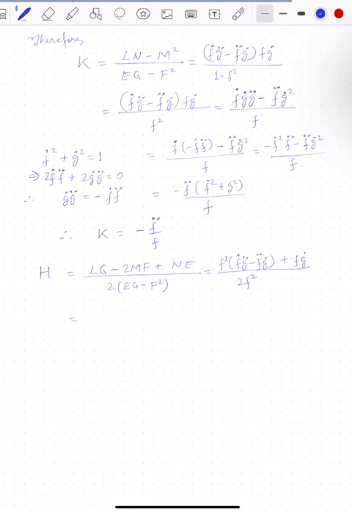You can try to expand it here as well, this as well. So all we'll have is, do we see anything happening here? Except for the fact that one of the f terms gets cancelled out. So we'll have f into f dot g double dot minus f double dot g dot plus g dot divided by 2f.